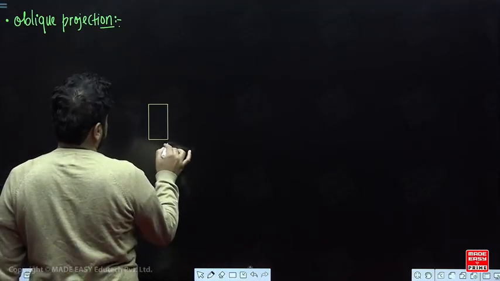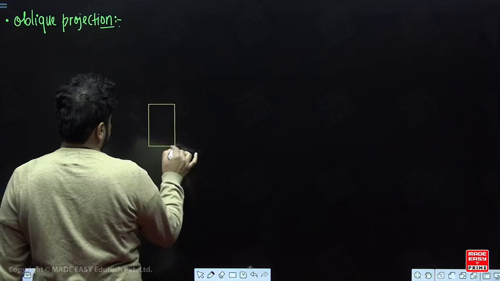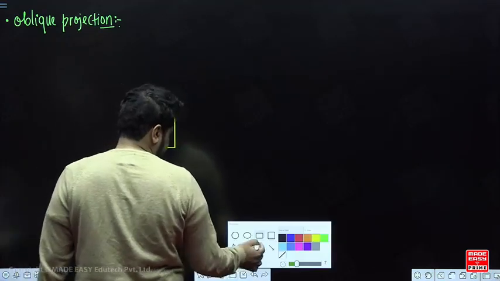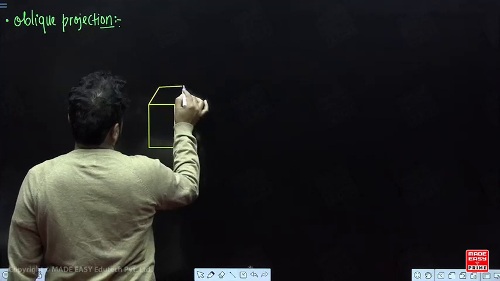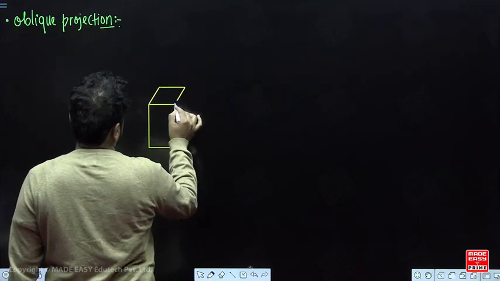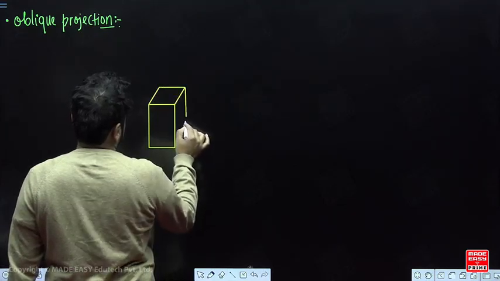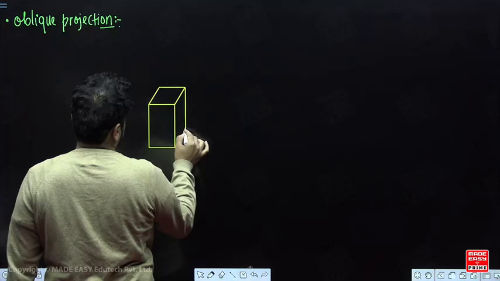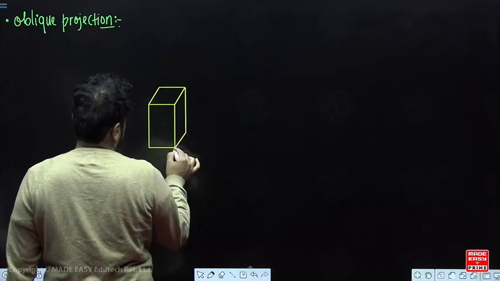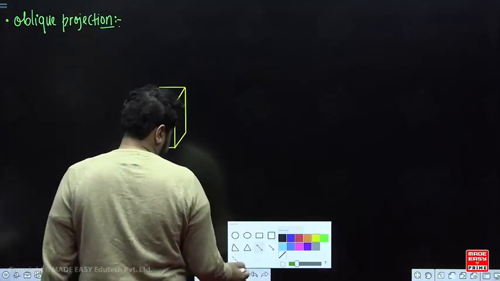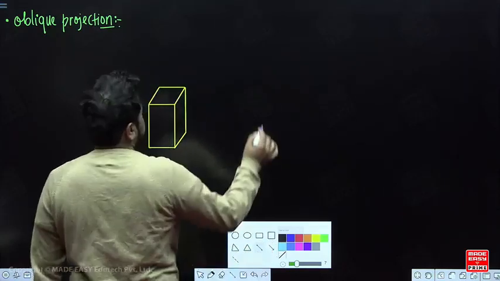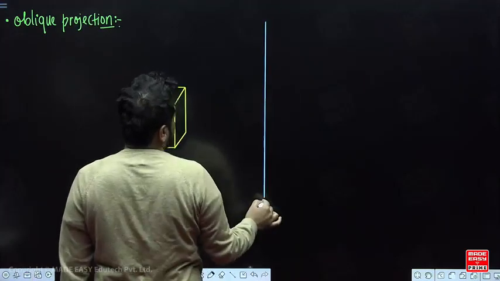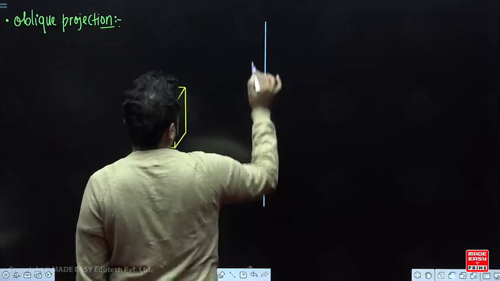Suppose this is an object, and let us say this is a POP, plane of projection.